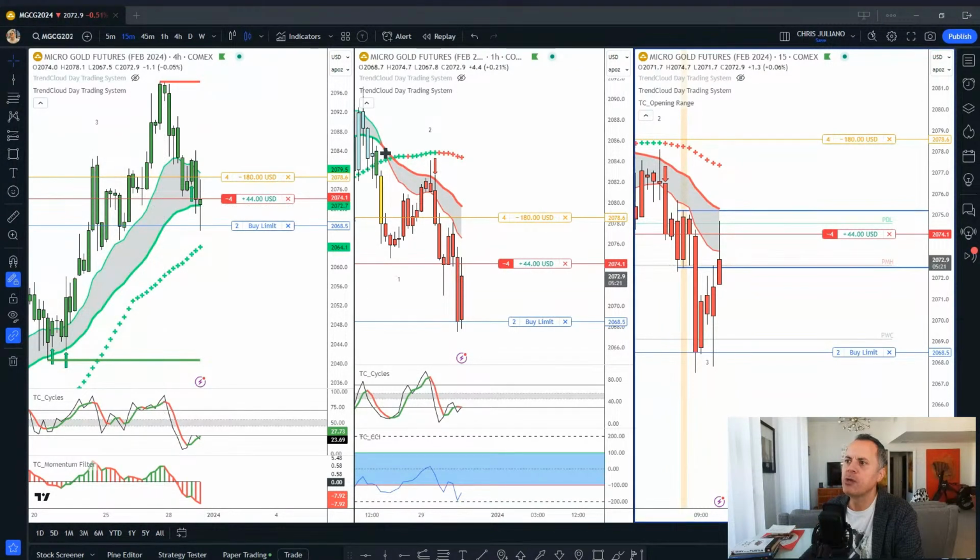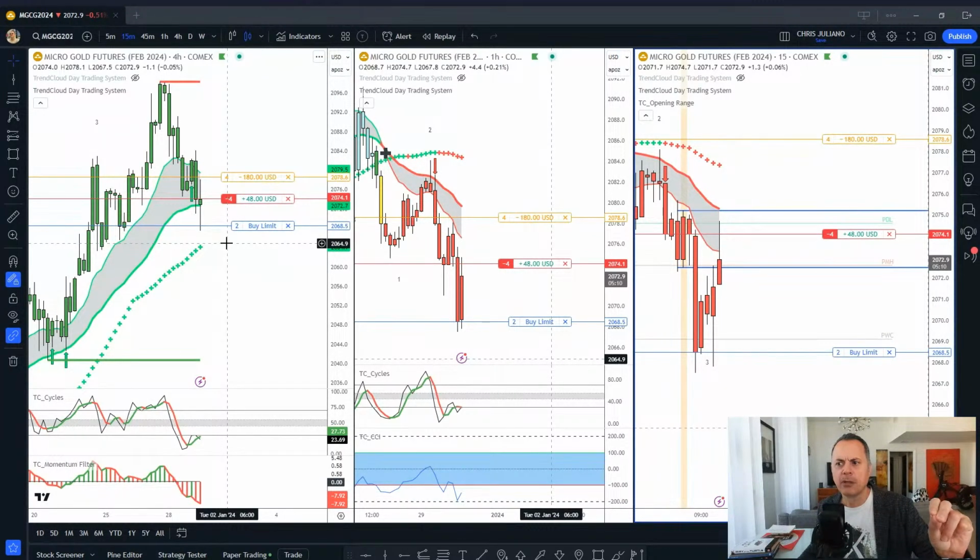We really like to have all the elements of TrendCloud going in the same direction. Then you can get really aggressive because now you've got all 6 elements lined up together. You've got trend across multiple time frames, momentum across multiple time frames, and support and resistance across multiple time frames.